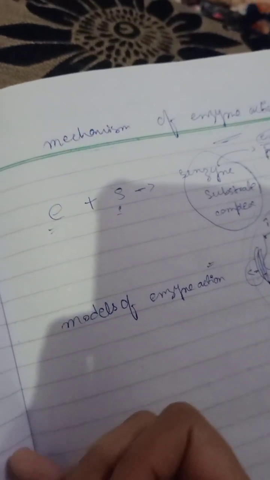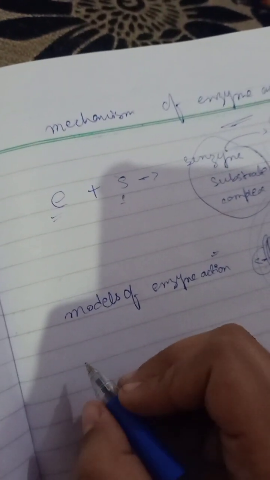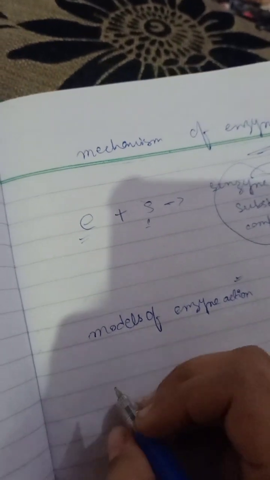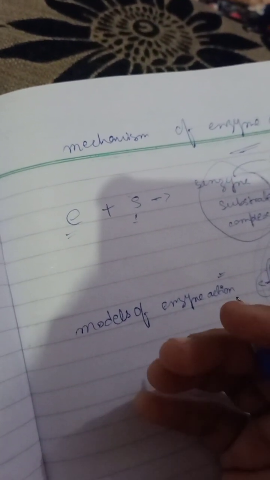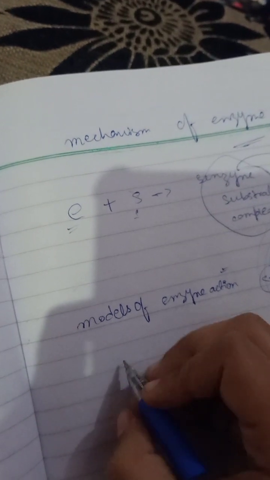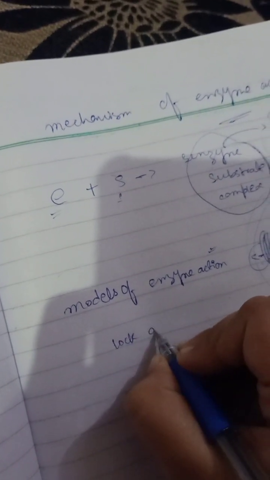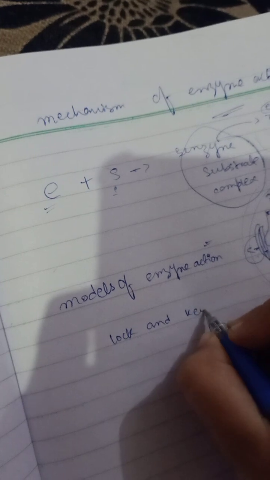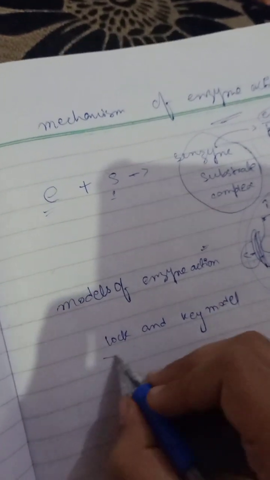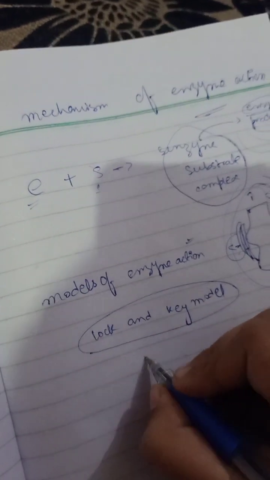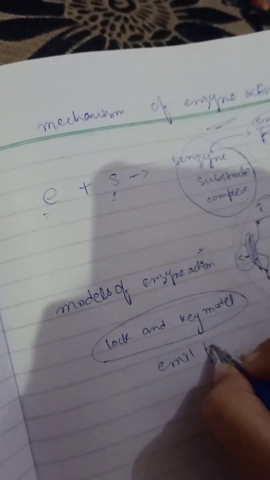We have two models. The first model is called the lock and key model. It was described by a scientist, Emil Fischer.